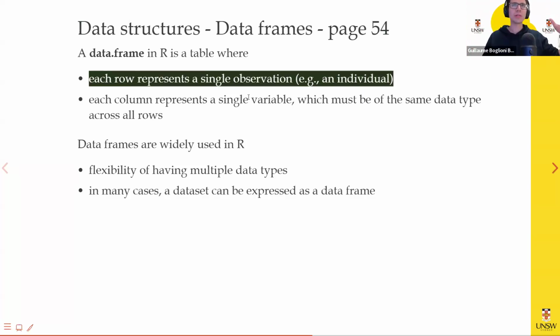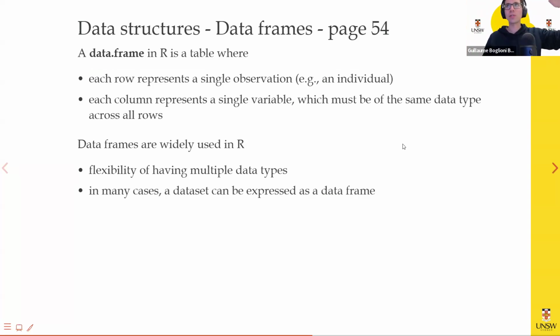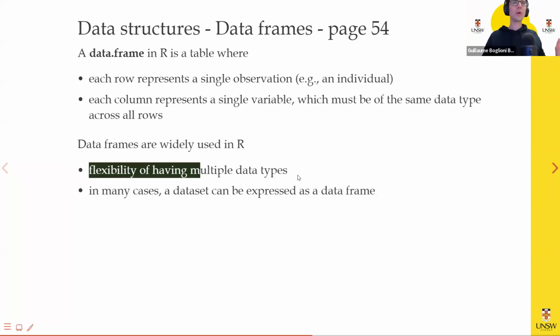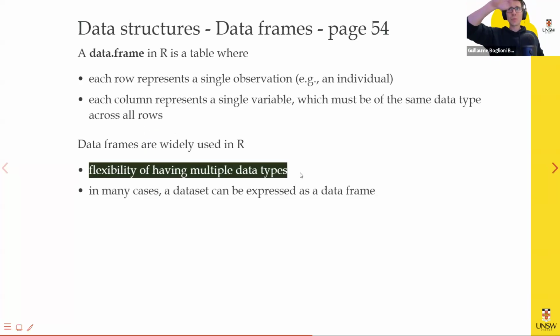And then each column will represent a single variable. So if each row is a different country, maybe I have a column for GDP, a population, the population density, and so on. GDP per capita, life expectancy, and so on. And here you might say, okay, if you have rows and columns, why don't you just use a matrix? Well, remember the matrix, everything in the matrix needs to be the same data type.